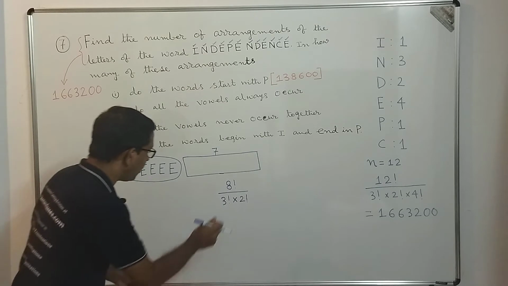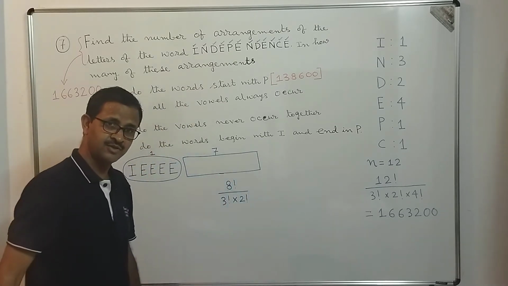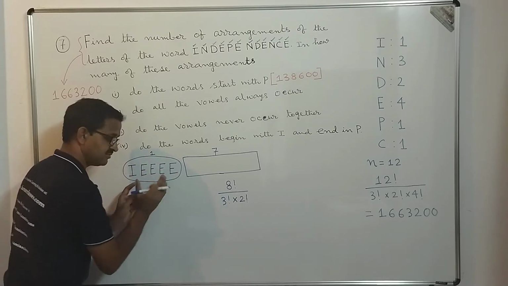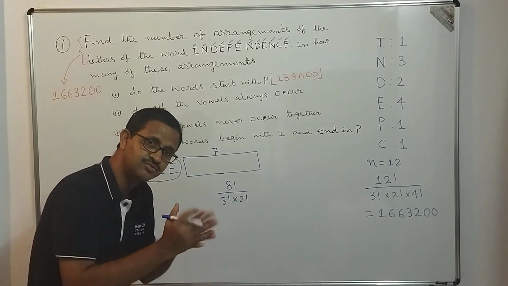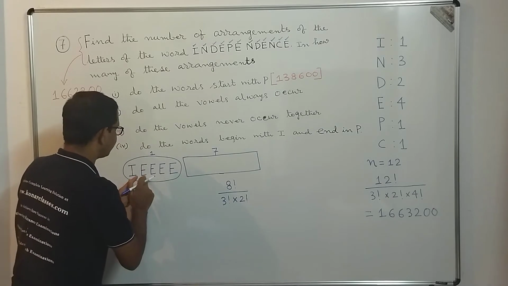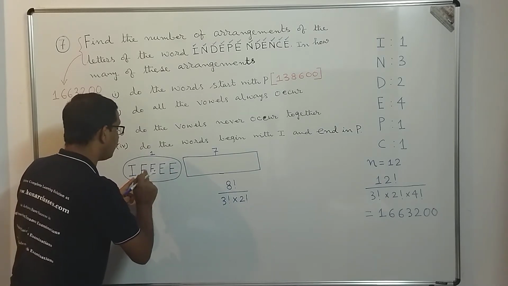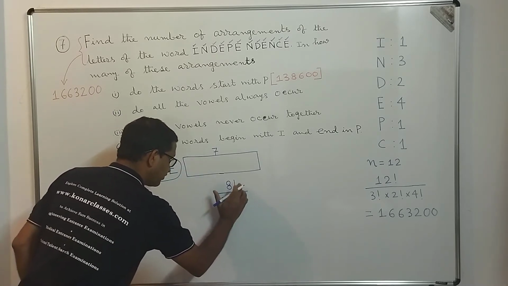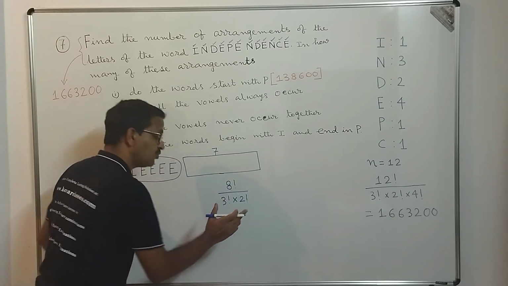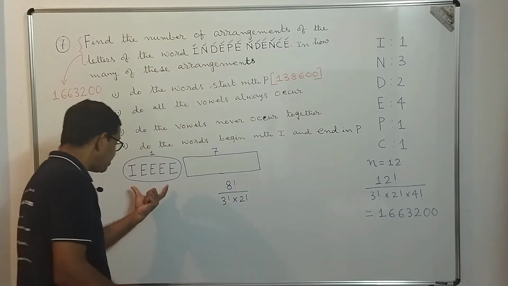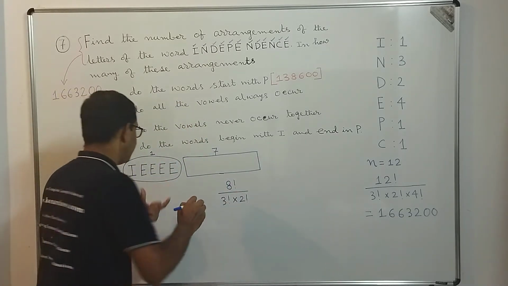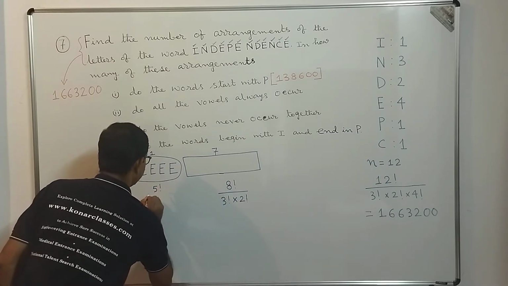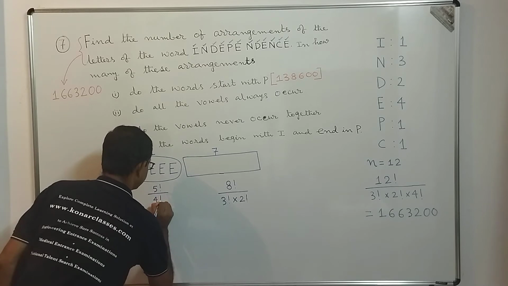Now out of all these arrangements, we can arrange these vowels among themselves. They will be together, but among themselves we can arrange them in how many ways? There are 5 objects, out of which 4 are of one type. So among all these 8 factorial by 3 factorial and 2 factorial arrangements, we can arrange these vowels among themselves in 5 factorial divided by 4 factorial ways.